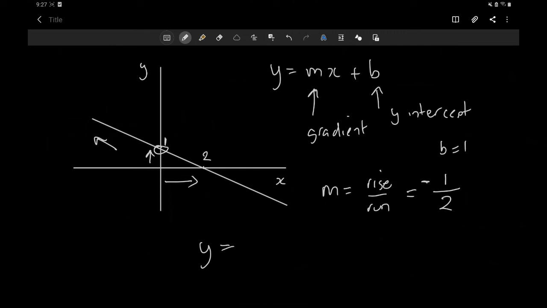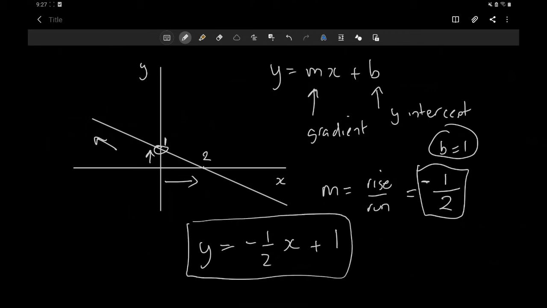Y is equal to m, and m we know is minus 1/2, so that's minus 1/2 x plus, and b we know is 1, so let's write that down, 1, and that's your equation. So the equation of this line is y is equal to negative 1/2 x plus 1.